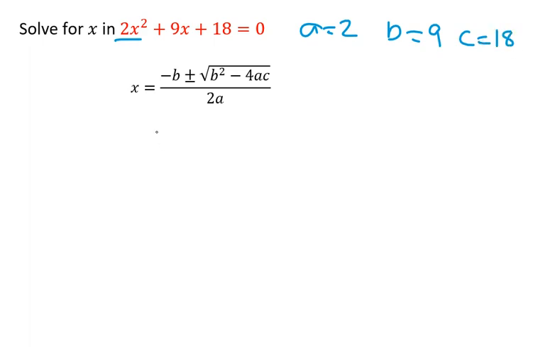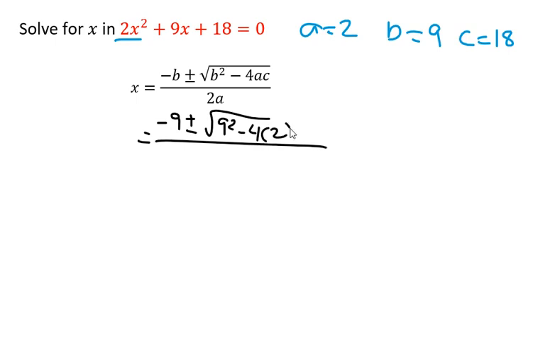Okay, so gamitin na natin yung formula. So negative b, and may negative 9 plus minus square root of 9 square minus 4 times 2 times 18, over 2 times 2.